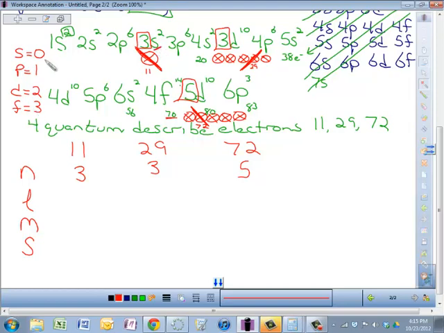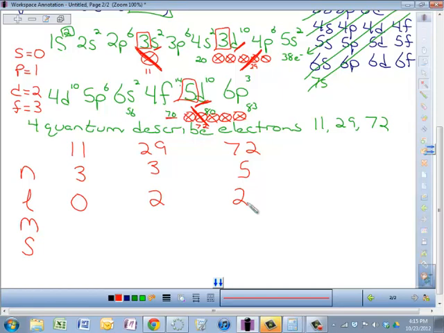The value of s is 0. When I come over here to this one, we are in the d sublevel. The value of d is a 2. And when we look at the last one, number 72, again, it is in a d sublevel. So again, it is going to be a 2.